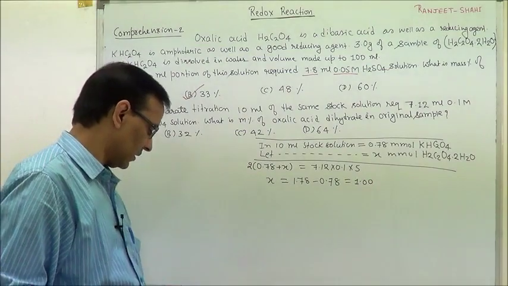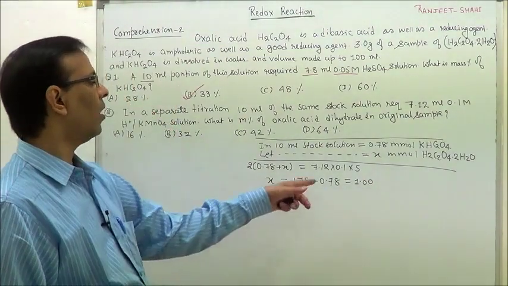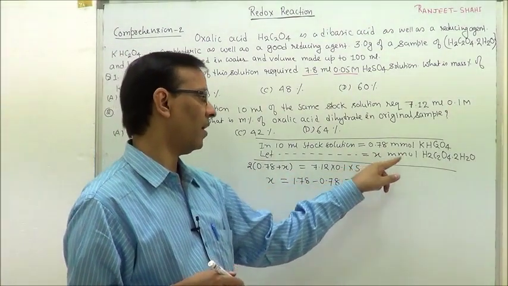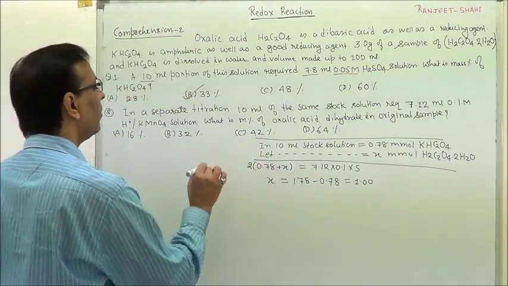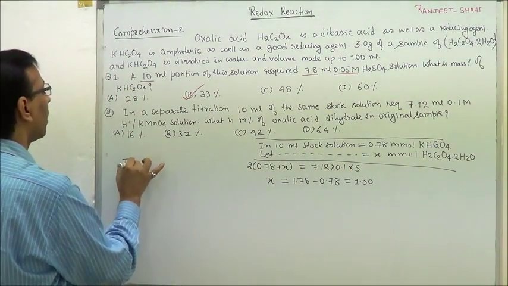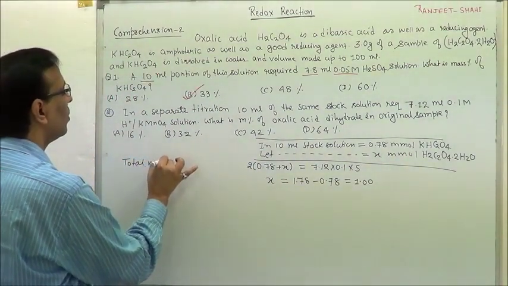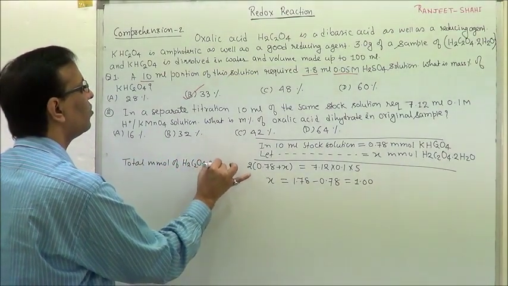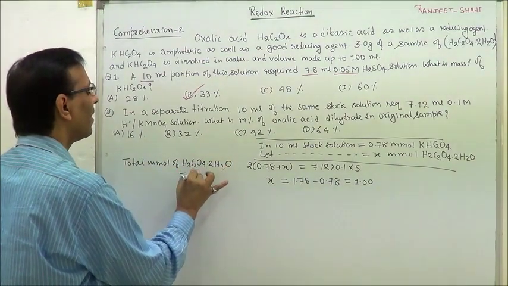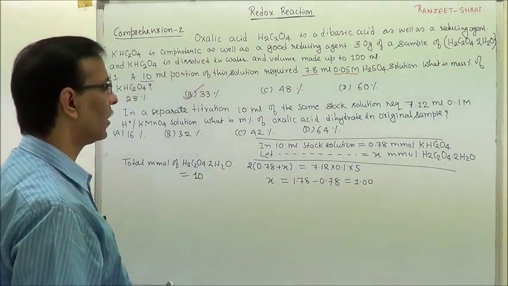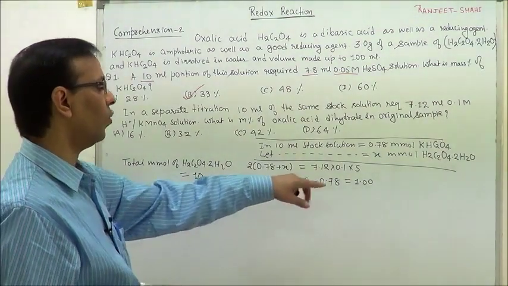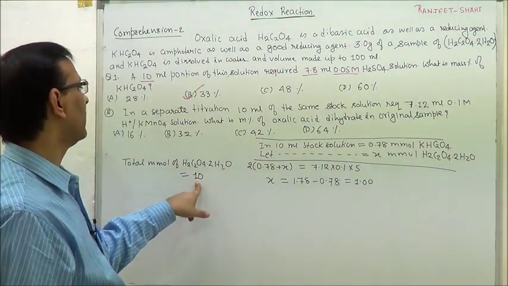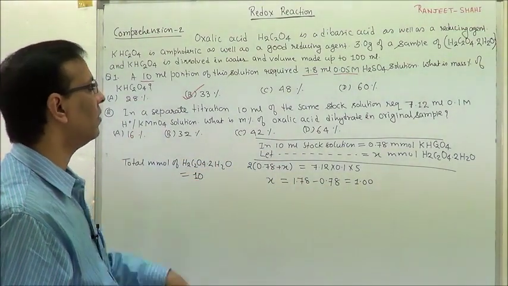So now we have got millimole of oxalic acid dihydrate, X, as 1 in 10 ml. So total millimole of H2C2O4.2H2O will be 10, since X is 1 millimole in 10 ml and we have prepared 100 ml of the solution.